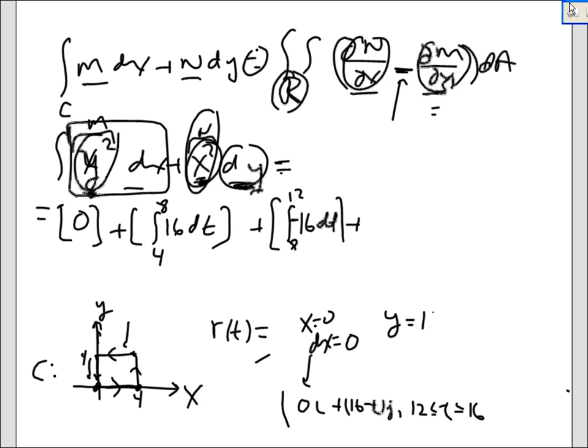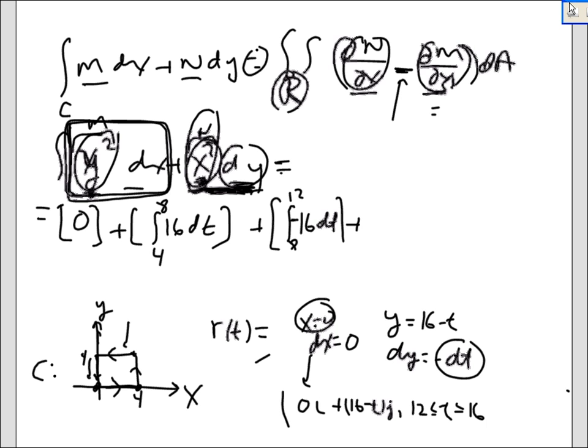And y is 16 minus t, so dy is negative dt. Okay? So dx is 0. That means this first integral is 0 plus the second half, x squared. Well, x is 0 times negative t. It's 0. It's just 0.